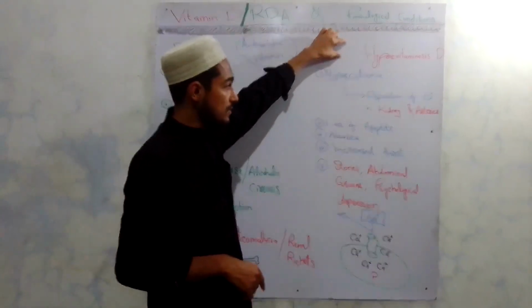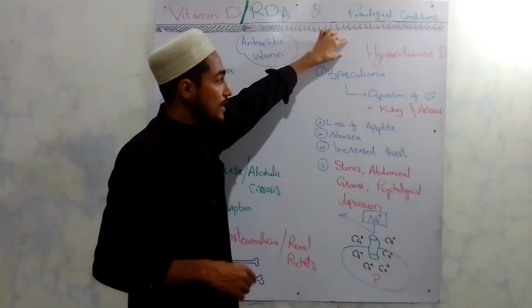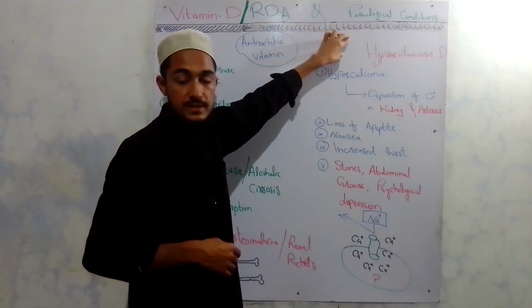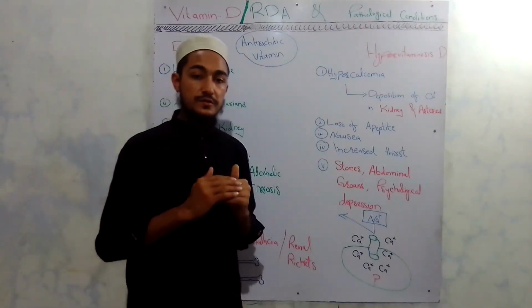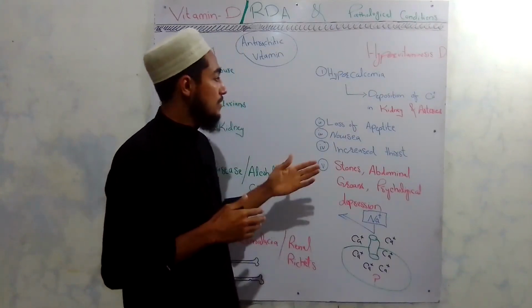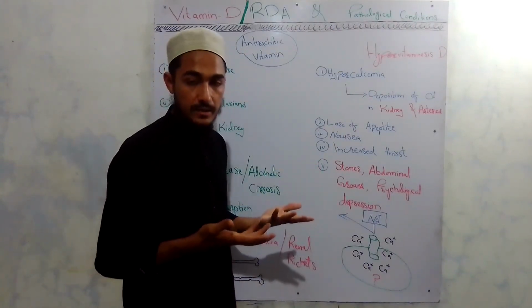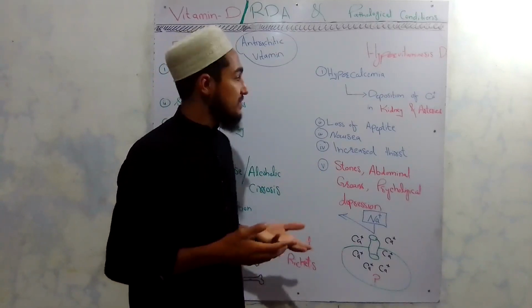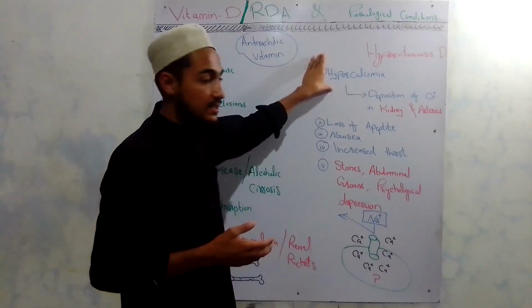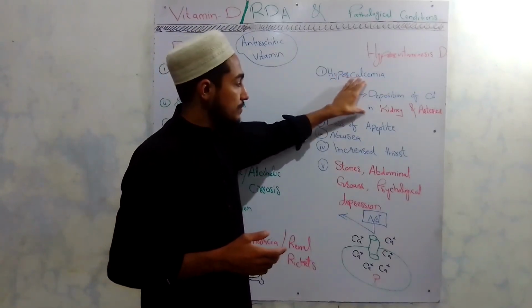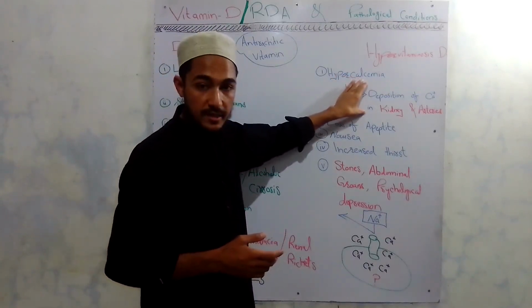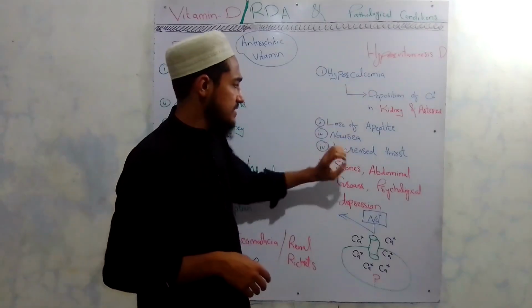Now we come to the hypervitaminosis of vitamin D. Hypervitaminosis of vitamin D is caused when the level of vitamin D is elevated above the normal value. So more calcium will be present in your plasma, which will cause hypercalcemia, and this hypercalcemia will lead to the deposition of calcium in kidneys and arteries.